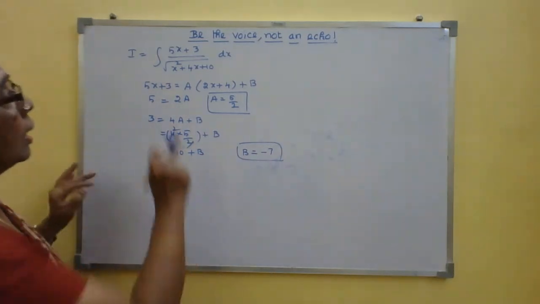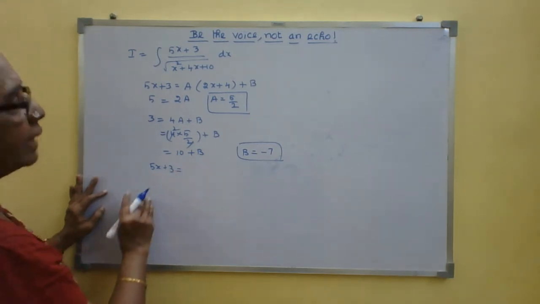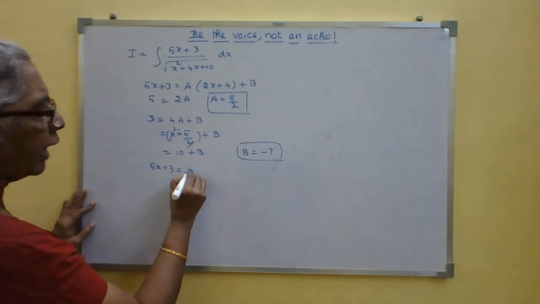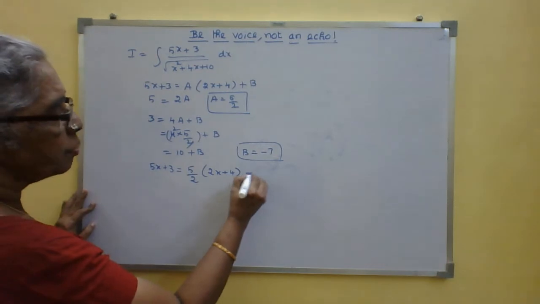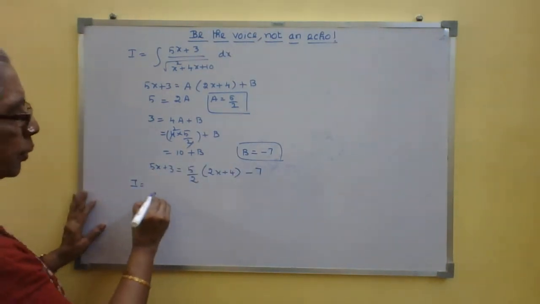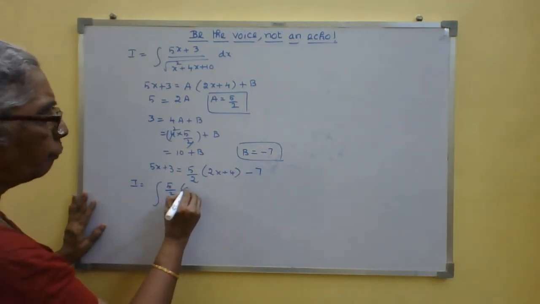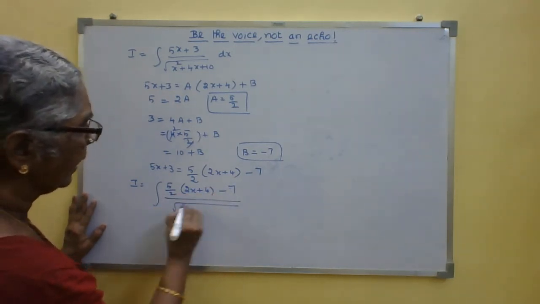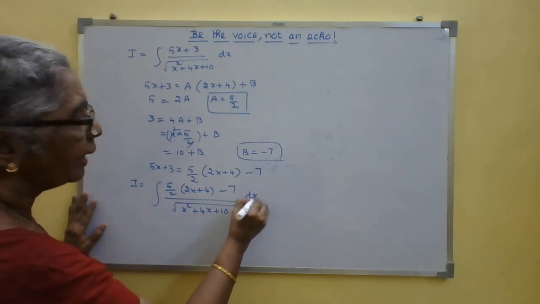So now let us come to the numerator. Let me write properly. 5x plus 3 is equal to a, what is a? a is 5 by 2 into 2x plus 4, plus b is minus 7. So what happens to the I now? I is equal to integral, for the numerator you write 5 by 2 into 2x plus 4 minus 7, write the denominator as it is, x squared plus 4x plus 10 dx.